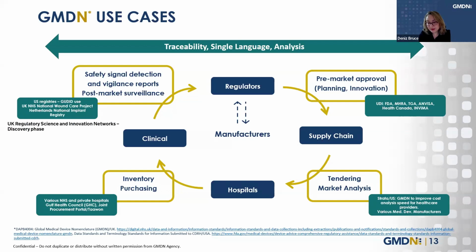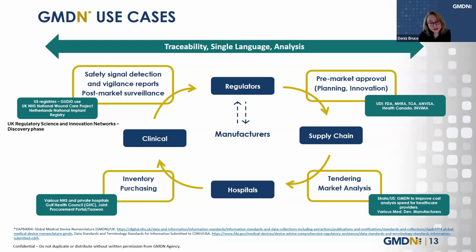launched, and we can also see various medical device manufacturers use the GMDN classification system to perform market analysis with their devices and also with their competitors. For purchasing systems, we can definitely say various NHS and private hospitals in the UK use the GMDN database.